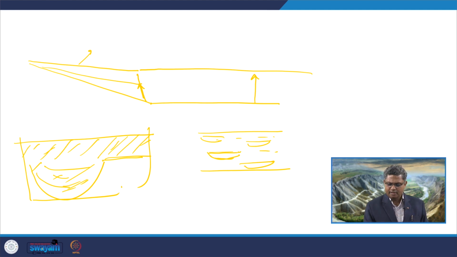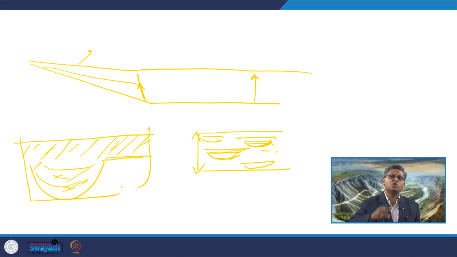So, one channel is separated by a thick mud deposit, another channel separated by thick mud deposit, and it is going on like this. So, in the initial part what we get is commonly distribution of the channel system like this. Channel fills, they are relatively less in abundance with respect to the overbank deposits.